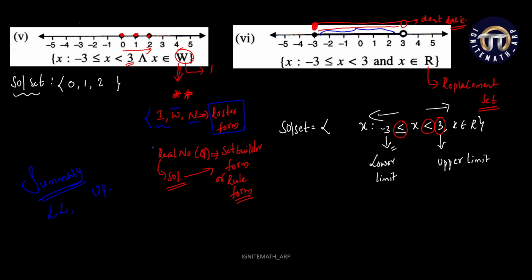Clear? If the replacement set is the set of real numbers, then the solution set should be written in set builder form and you need to darken the intermediate place as well.